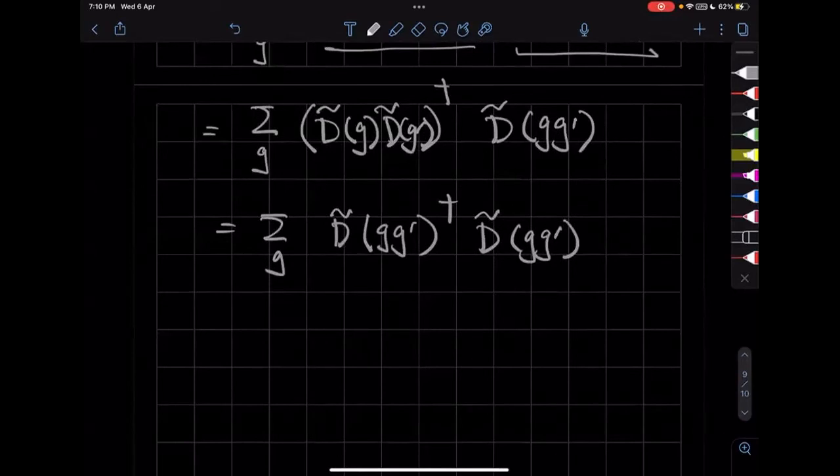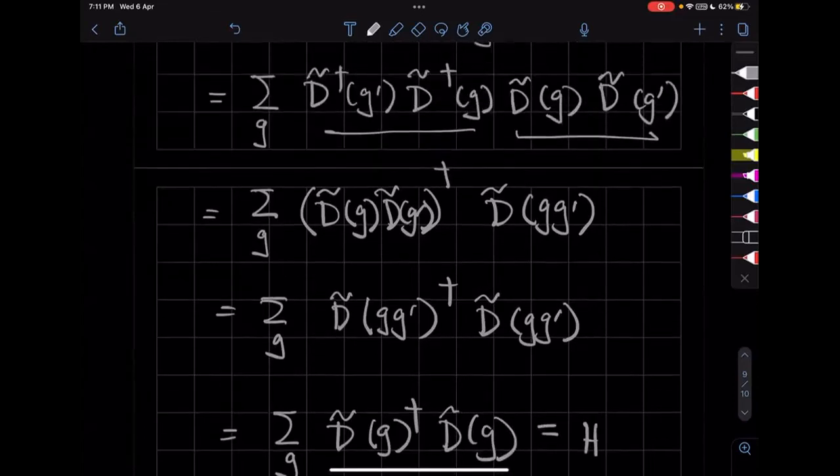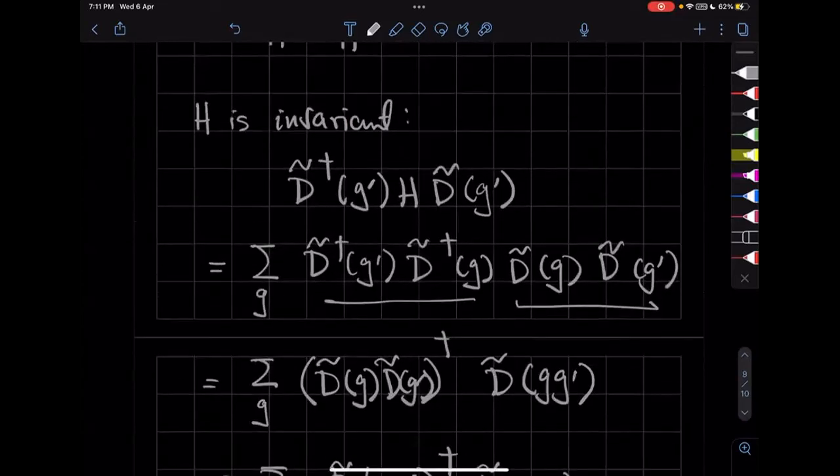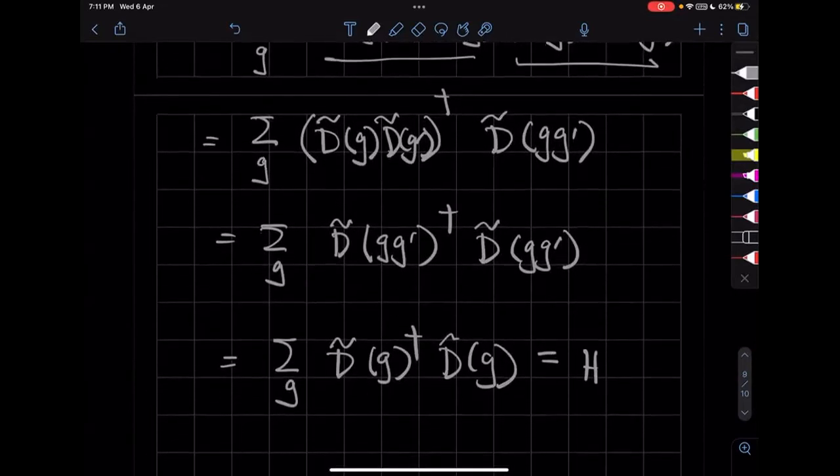And by the rearrangement lemma, we know that this is going to be the same as d tilde of G dagger d tilde of G, which is the same thing as H. So we see that H is invariant under this transformation for an arbitrary G. Okay. Is this clear so far?